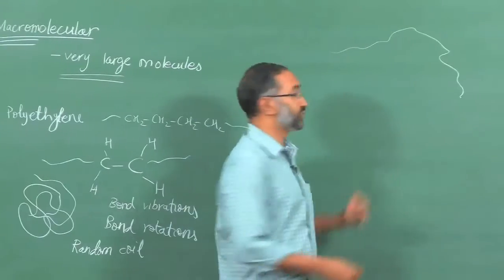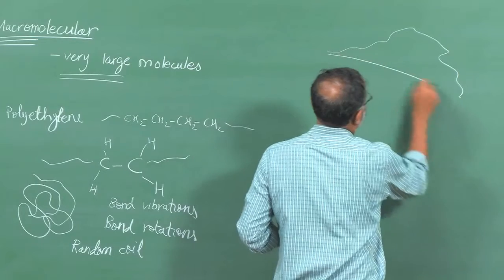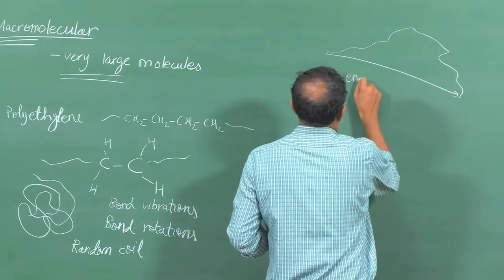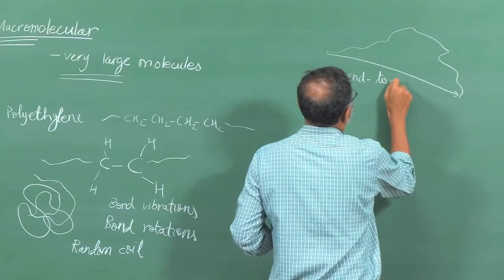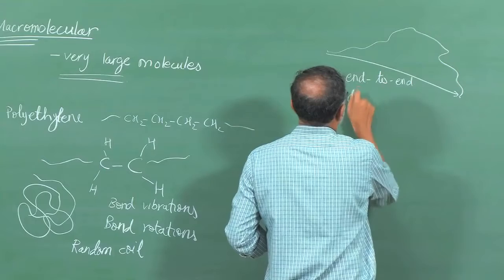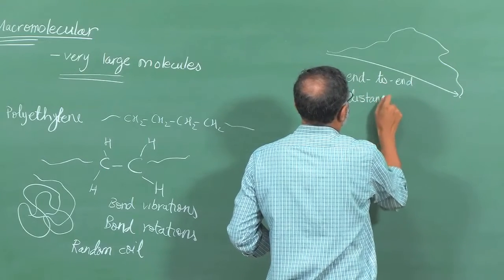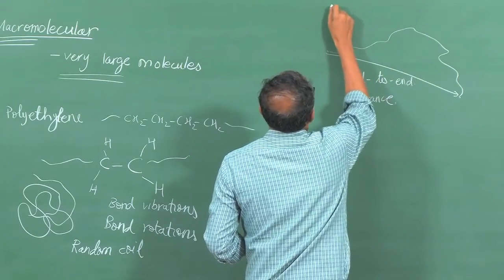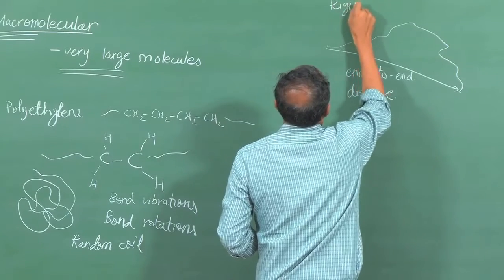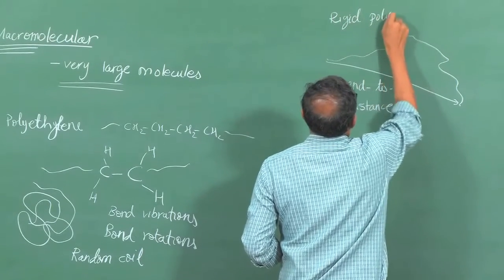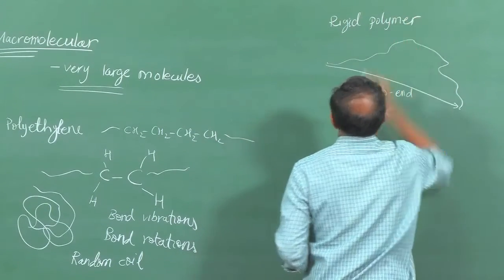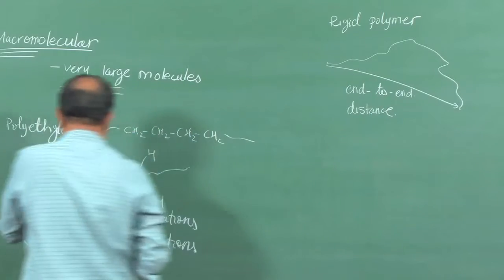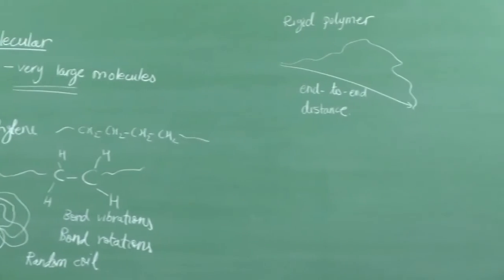So, generally to characterize the flexibility, end to end distance is also useful, and this is an example of a rigid polymer. So, therefore, flexibility of a macromolecule is an important concept.